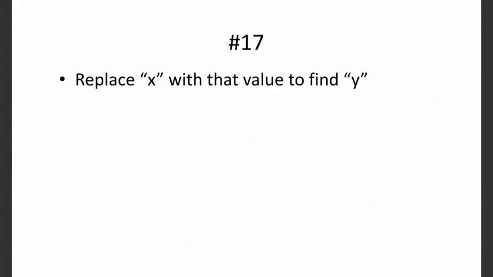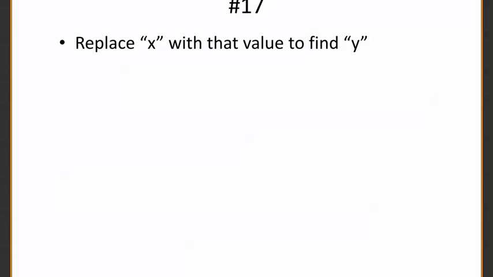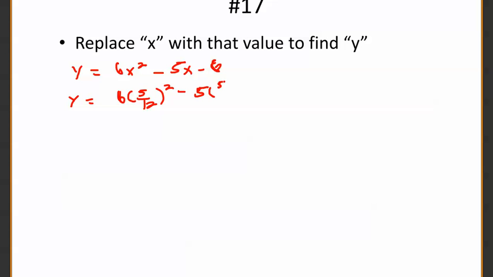So again, calculations. So if you're using a calculator, that's fine. So we would have y equals 6x squared minus 5x minus 6. And in this case, x is equal to 5/12. So this problem is a lot about the calculations.